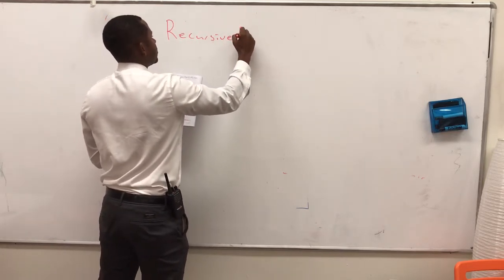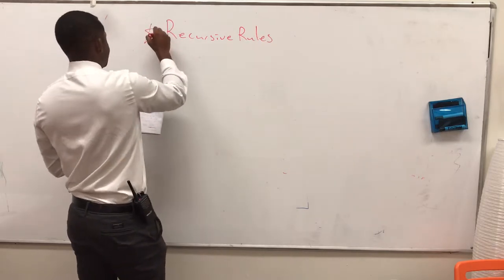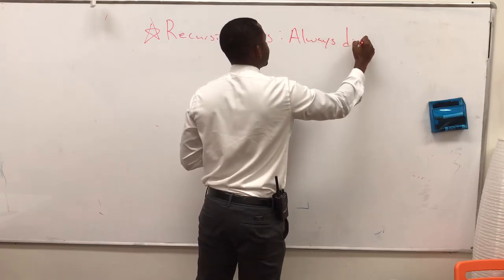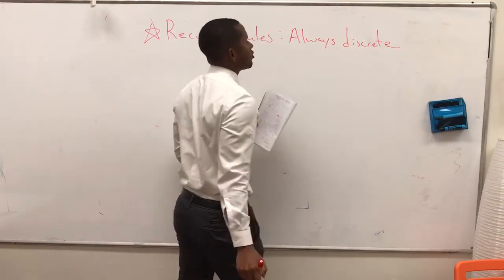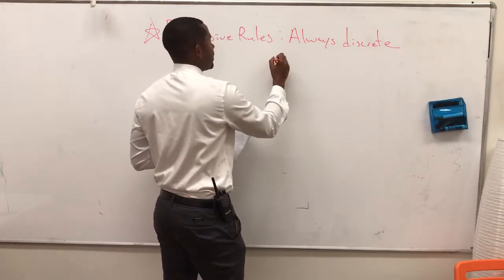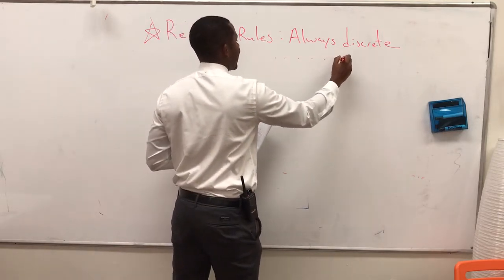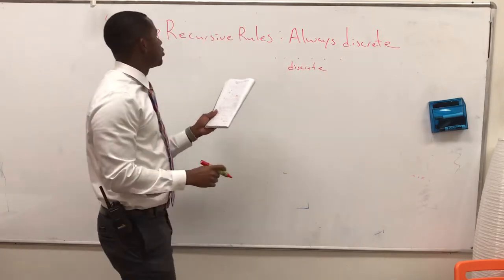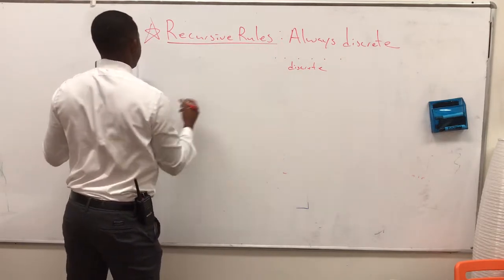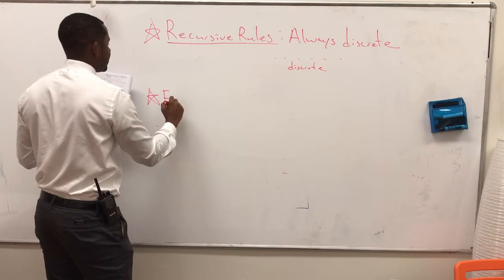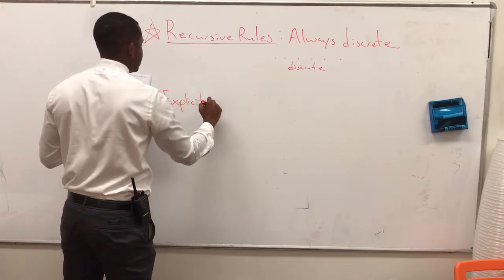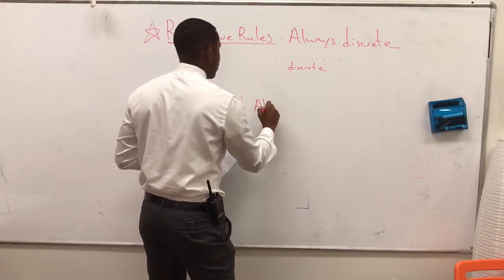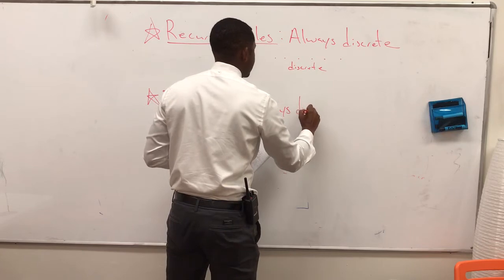Recursive rules are always discrete. Hopefully you remember what discrete means: if you were graphing them, there would be points that are not connected to each other. Recursive rules are always discrete, and explicit rules are also always discrete.